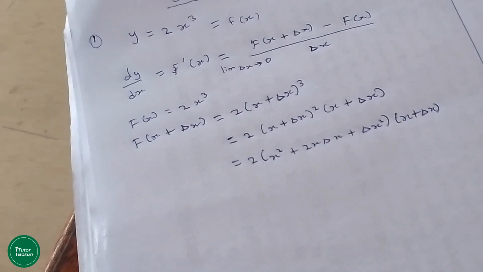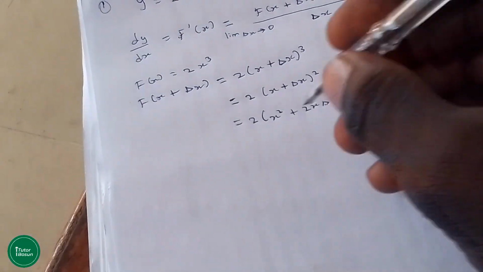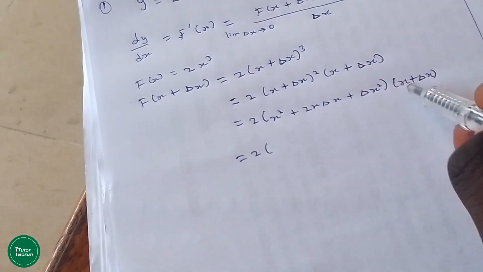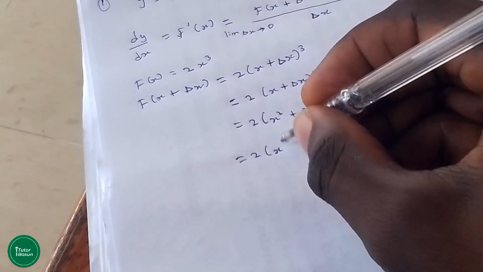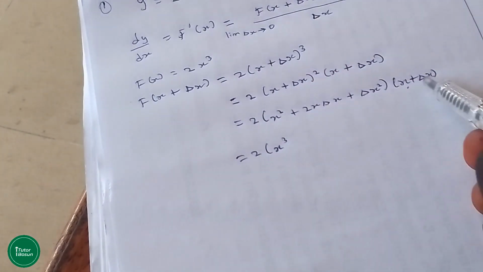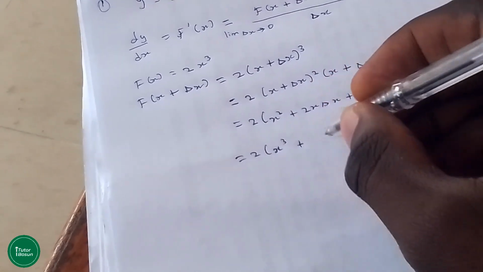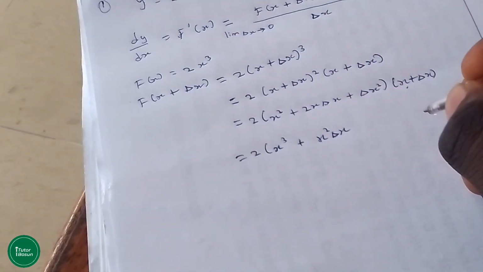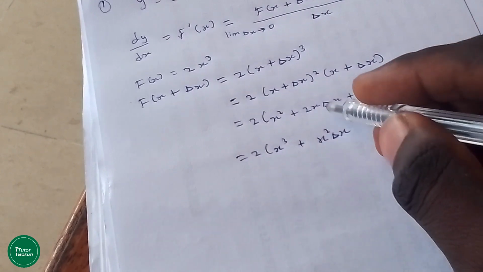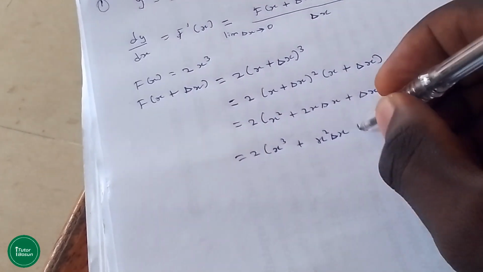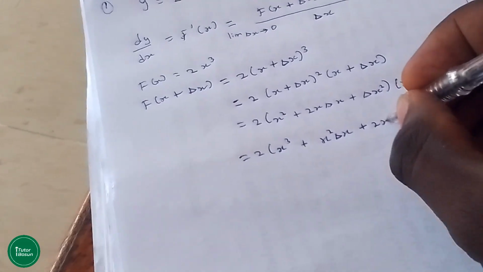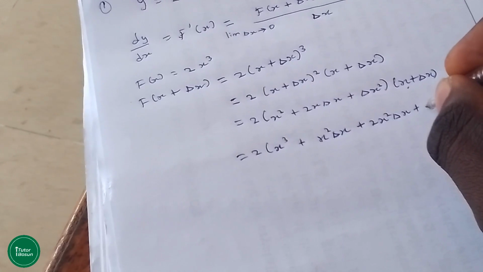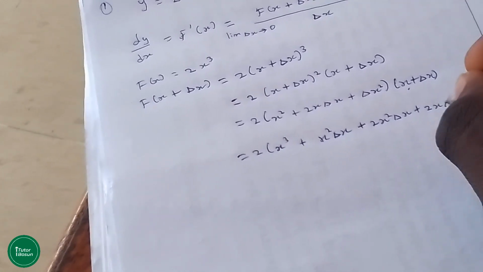Then we expand it once again, and that gives us x squared times x, which is x cubed, plus x squared delta x. Likewise, the second term gives us plus 2x squared delta x plus 2x delta x squared.